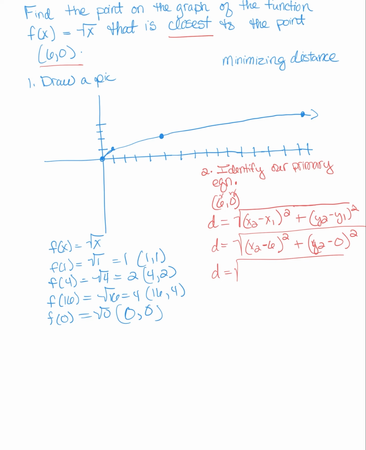Now if you FOIL these out, which is what we'll have to do, you're going to get x squared minus 6x minus 6x plus 36.